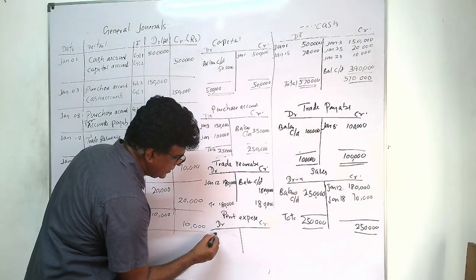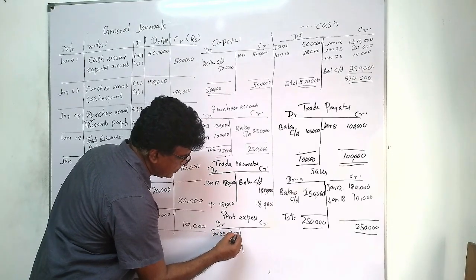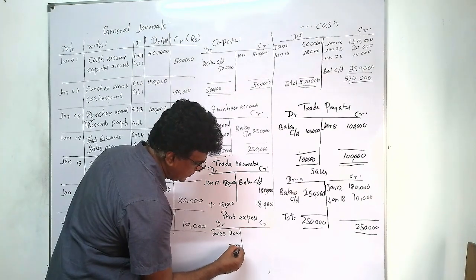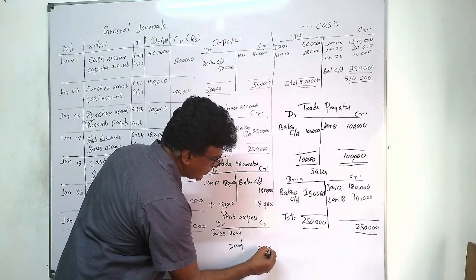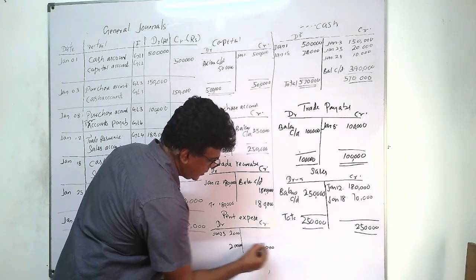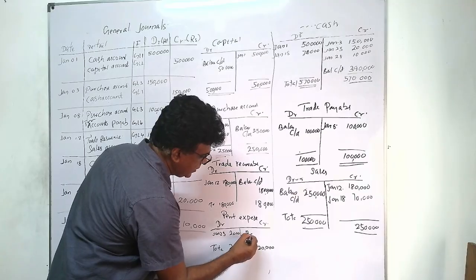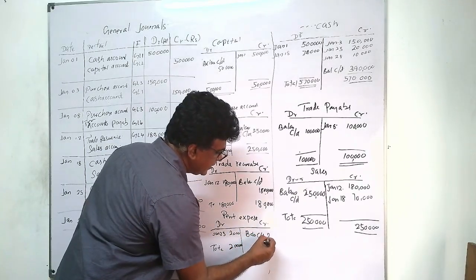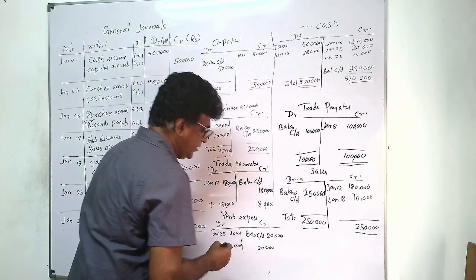That is 20,000. Then the total is 20,000. Balance carried down is 20,000.